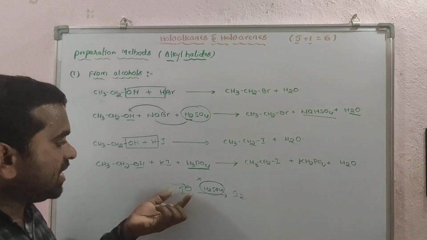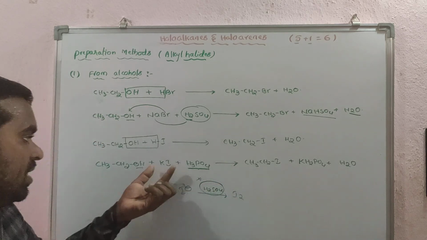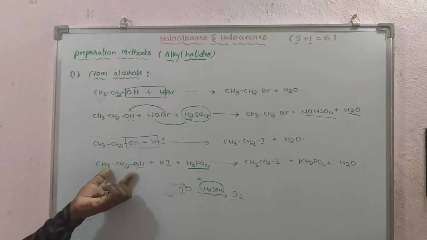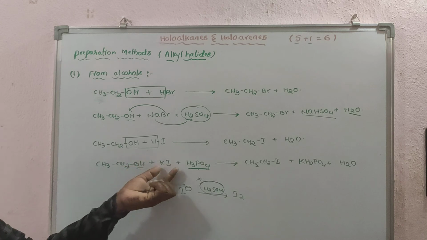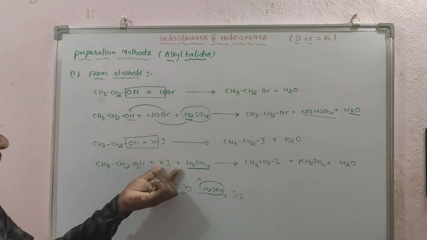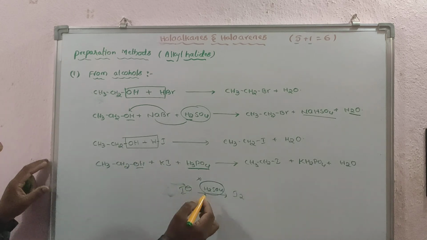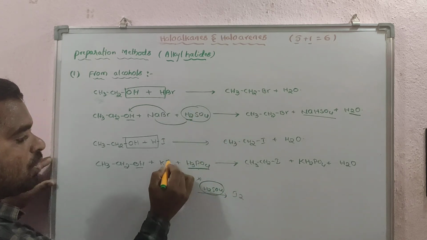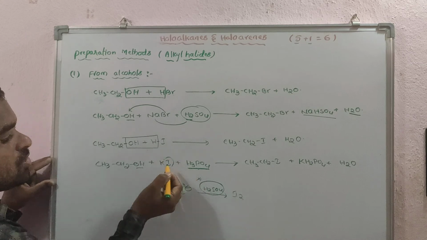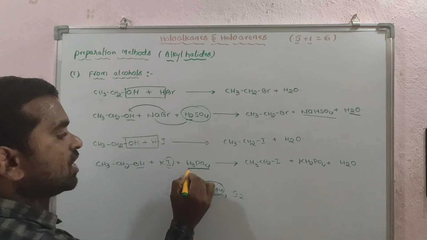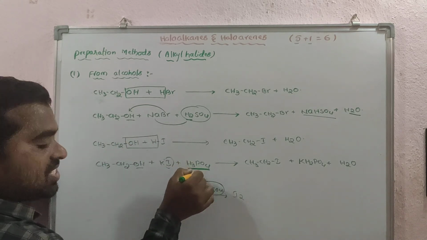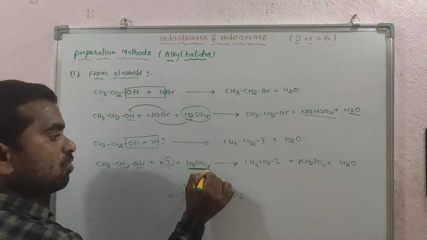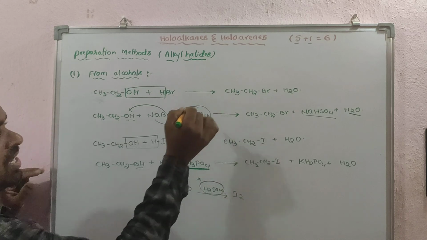If the iodide is converted into iodine, there will be no iodide, and there is no reaction with the alcohol, since OH cannot be replaced by I minus. So we cannot use H2SO4 here. If you use it, the iodide will be consumed and the reaction will not take place. H3PO4 is not an oxidizing agent, so we use H3PO4, but we should not use H2SO4.